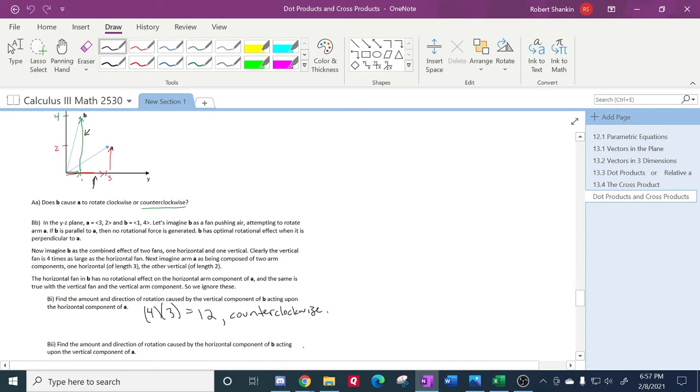Okay, how'd you get to 2? The vertical component of A is 2, and the horizontal component of B is 1. Since they're perpendicular, we can just multiply. Yeah, that's how I got 2. 2 in what direction you said? I think it's clockwise.